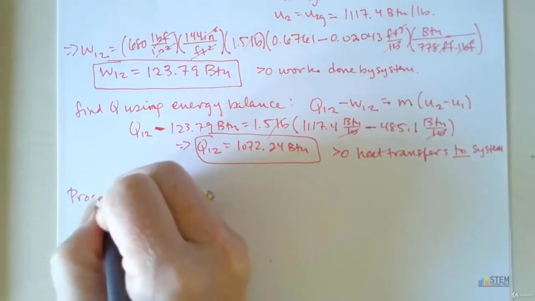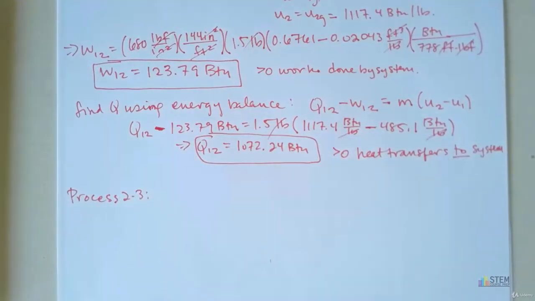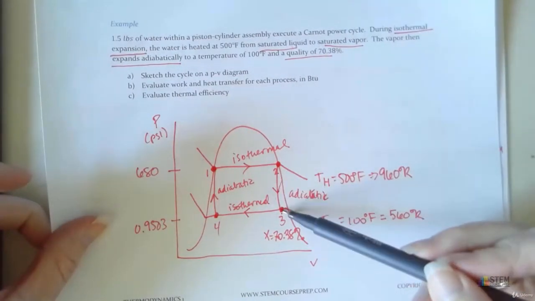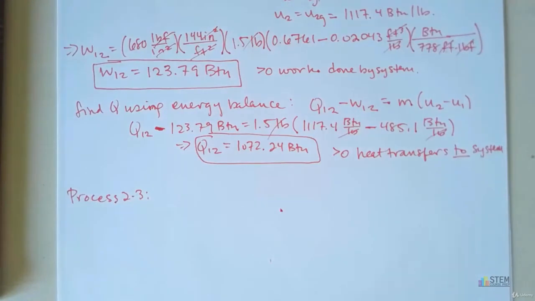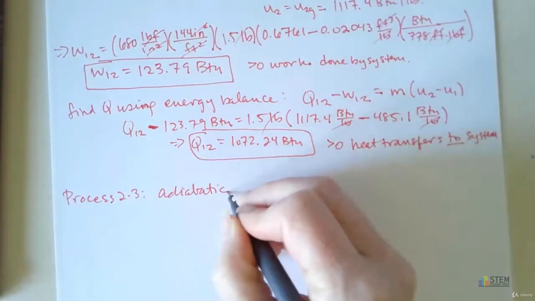All right, so process 2, 3. Remember process 2, 3, if we get our picture back again, that's this process. This one is adiabatic. So what does that tell us about Q? That's right, Q is going to be 0. That was easy. Why can't they all be that easy, right?